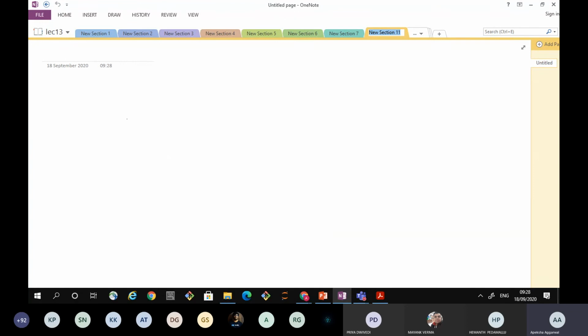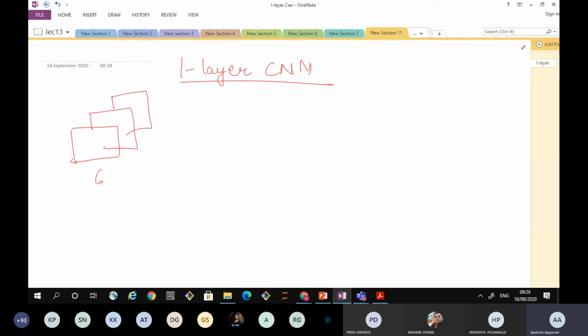The third thing we are going to see is how a one layer convolutional neural network works. Suppose we have a 6x6x3 image.